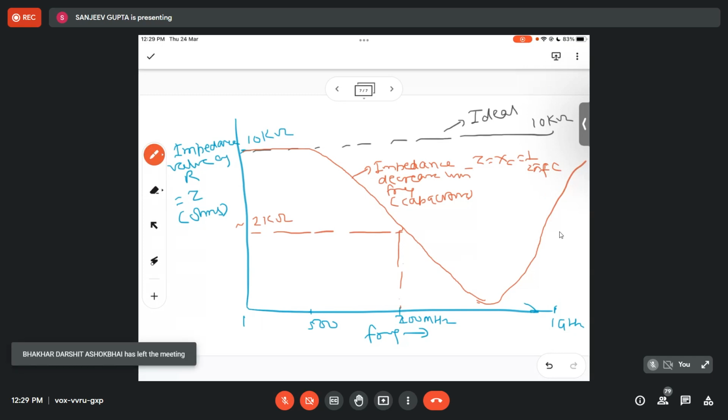Okay. And slowly, as you further increase the frequency, it may happen that the inductive effect will become more dominating and the capacitive effect will become less dominating. So a point will come when my inductive reactance becomes equal to the capacitive reactance. I will move to the next slide and then explain.